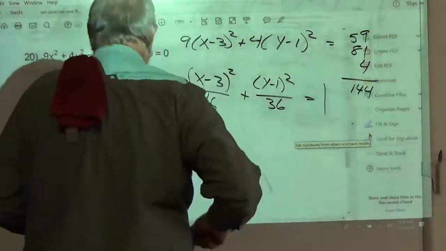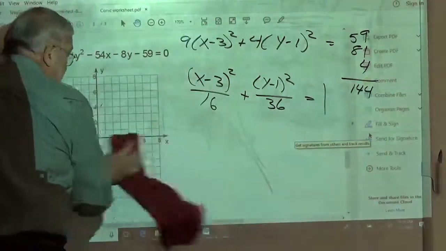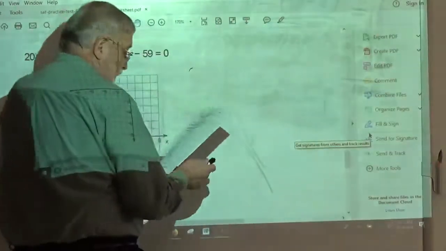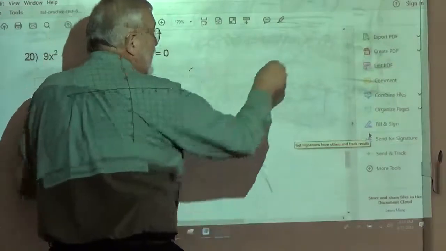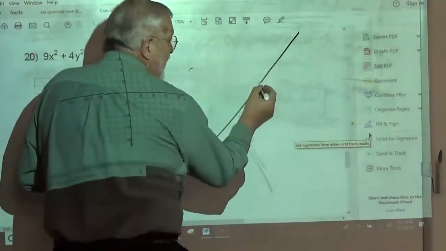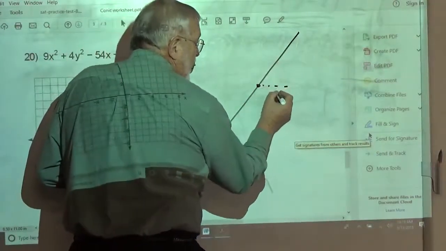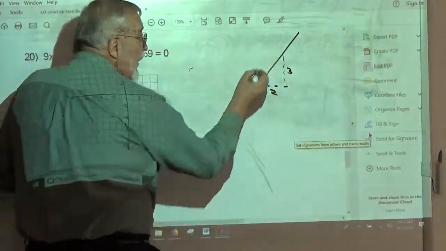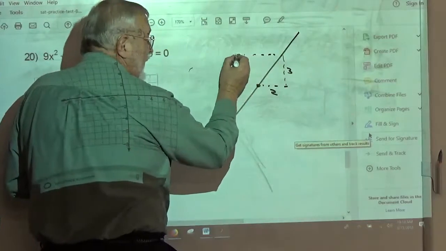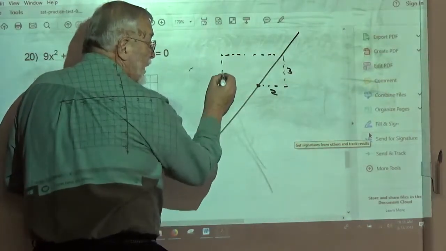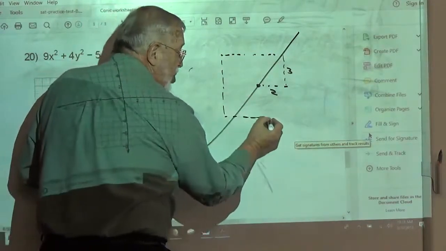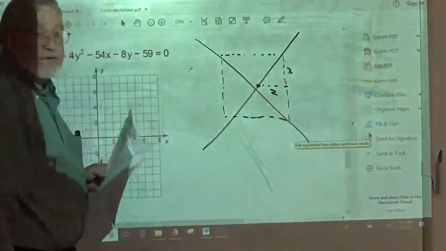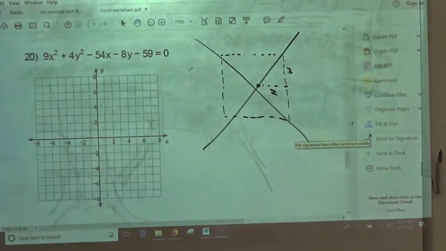So all right, let me try to explain it because I saw a couple of crazy looks. They've got a diagonal that looks like this, and they've got this center line, and then they've got a 2 here and a 3 here. Right. All right, we're going to come 3 and 3, and then down 2 and down 2, and then make the box, and you're going to find that those things are going to come right through the diagonals that are already there.